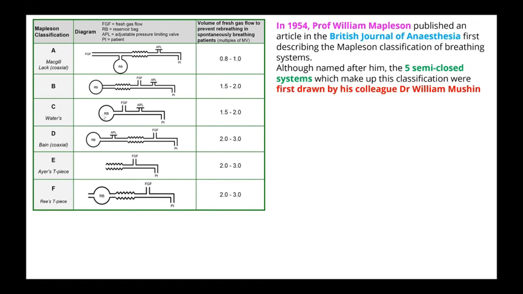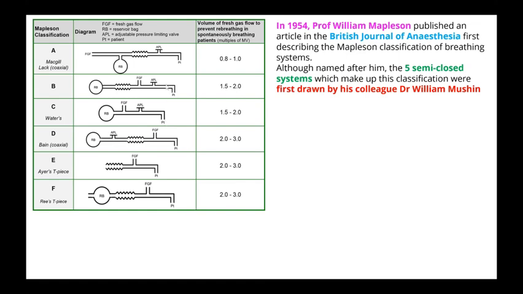These B and C are not very commonly used anymore because the positions are slightly cumbersome, and the minute ventilation required is almost 2 times the minute ventilation as you use in the Magill circuit.